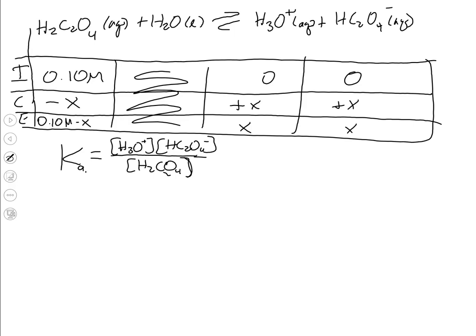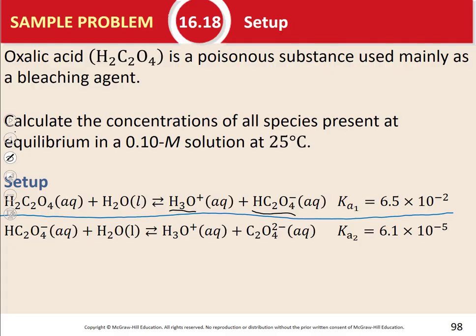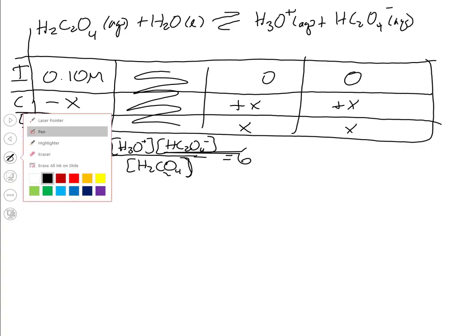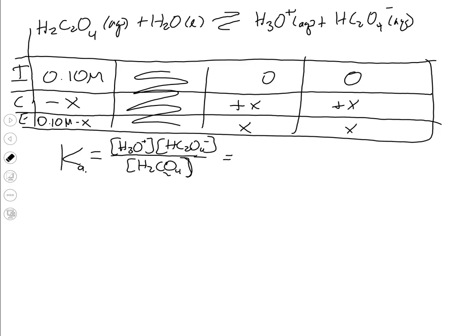We were told, or we could look it up in the table, the Ka1 value for oxalic acid is 6.5 times 10 to the negative 2, which is fairly large. On the top, we're going to have x times x, or x squared, and on the bottom, we're going to have 0.10 minus x.